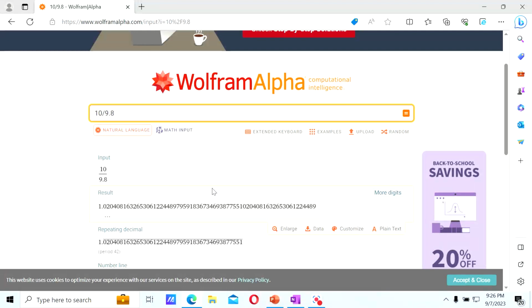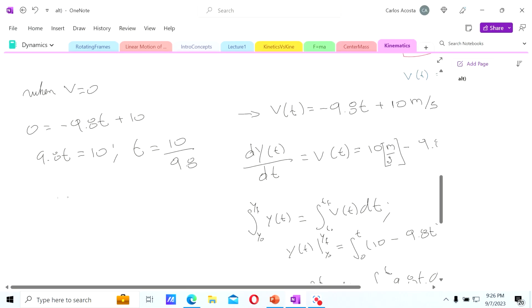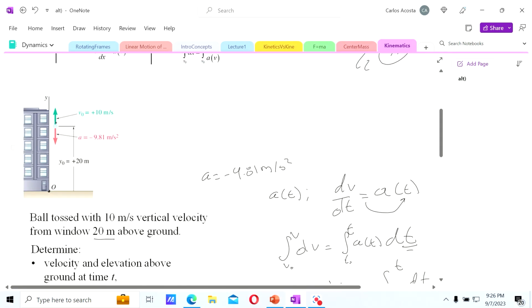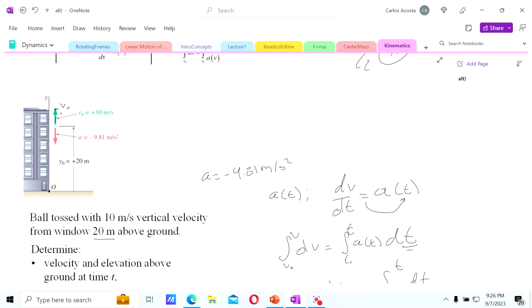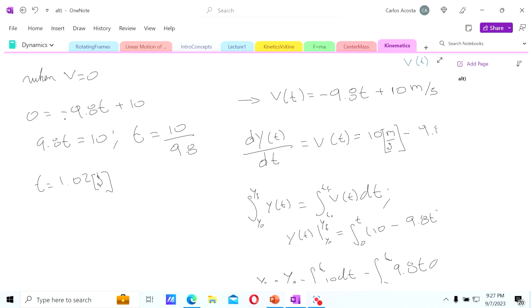That is 1.02. T equals 1.02 seconds. So at 1.02 seconds it reaches the maximum height, because velocity is 0 and then it goes back. Okay, so that is the time at which it reaches the maximum height.